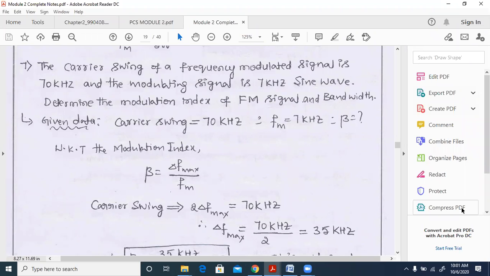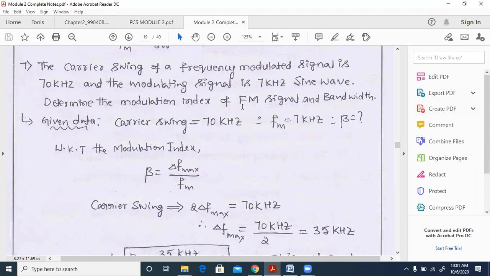Determine the modulation index of FM signal and the bandwidth. Modulation index beta. Carrier swing is given as 70 kilohertz. It's not the carrier frequency, it is carrier swing.